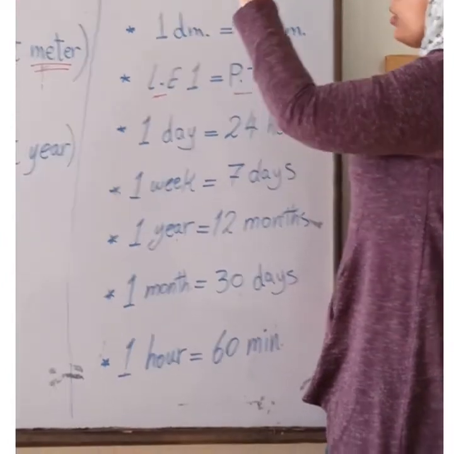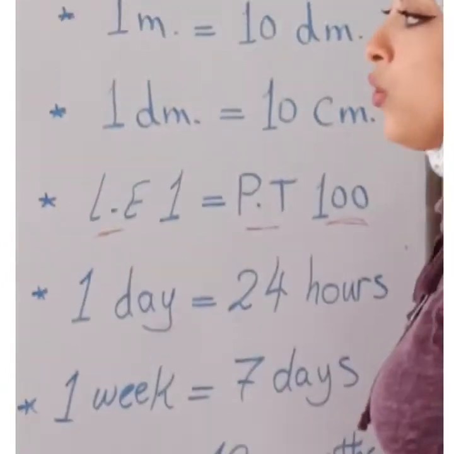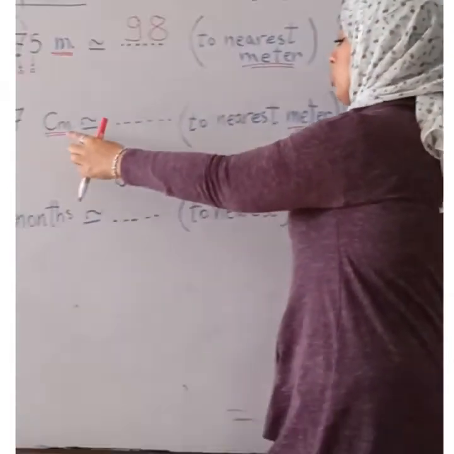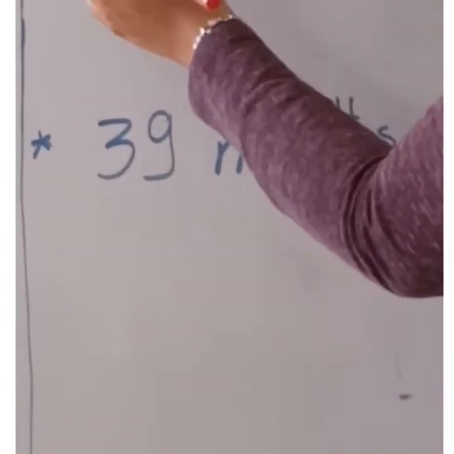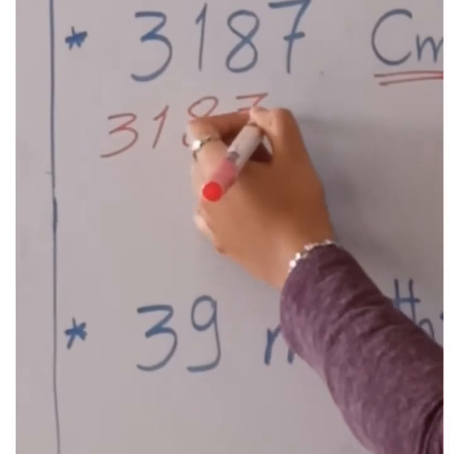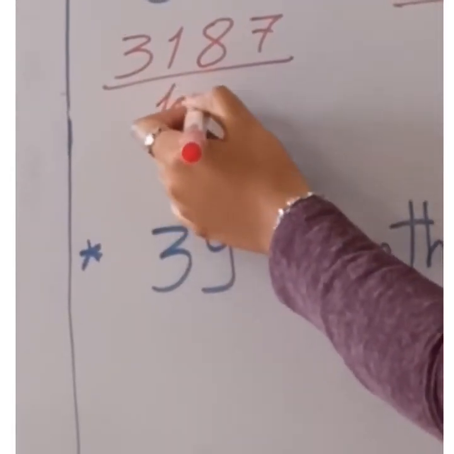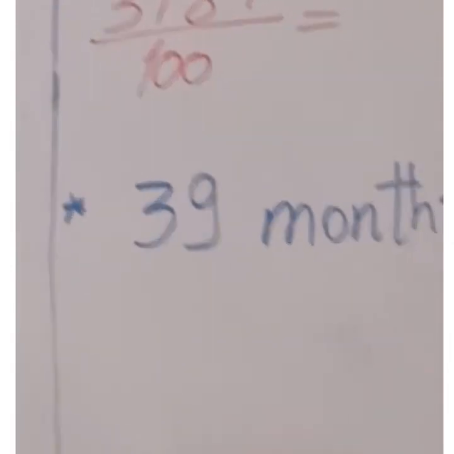We know that 1 meter equals 100 centimeters. So if we want to convert from centimeters to meters, we will divide by 100. We will take this number 387 and divide it by 100. That means we will make it a decimal.